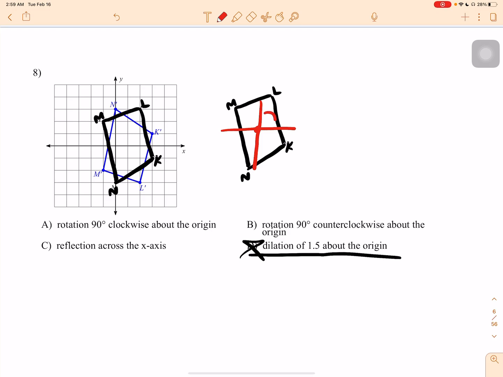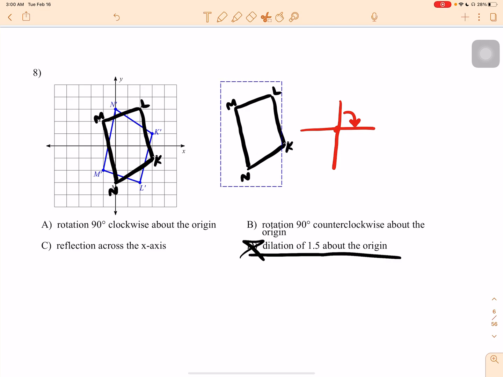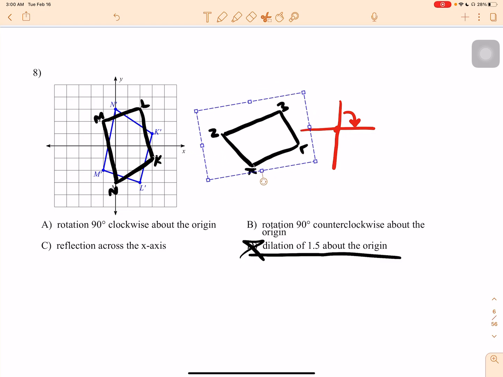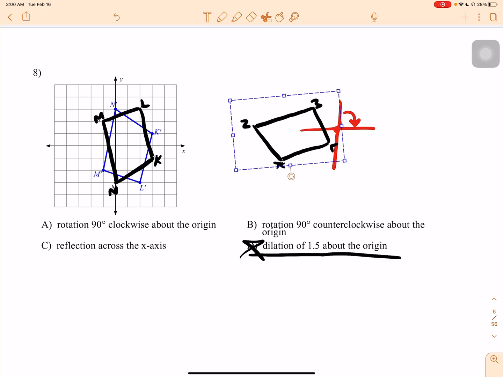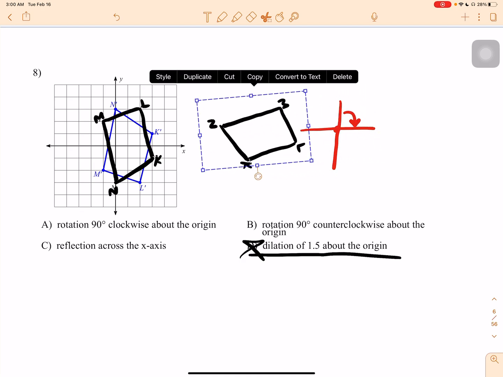But one turn to the right would be a 90-degree turn. So I'm going to move this out of the way just a little bit, and show you a 90-degree turn. One turn to the right, bam, that's 90 degrees from my original.